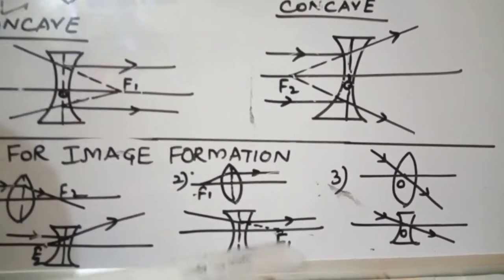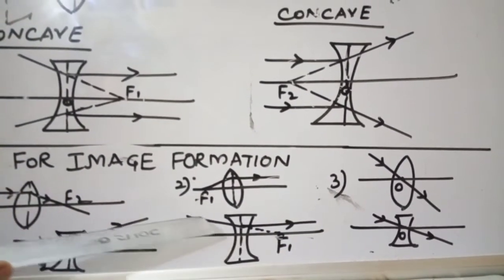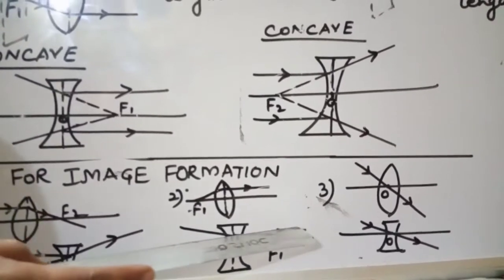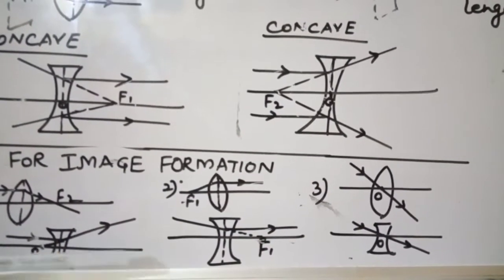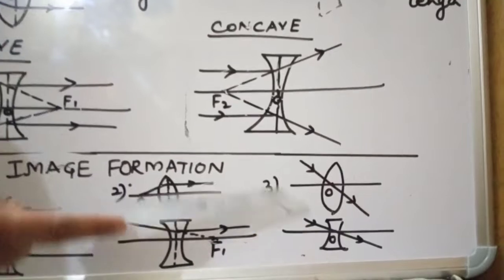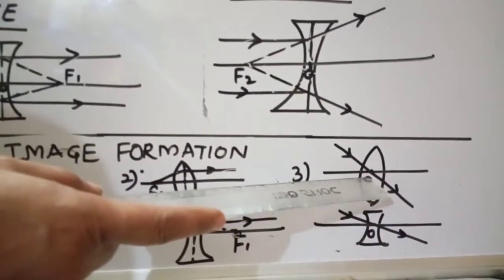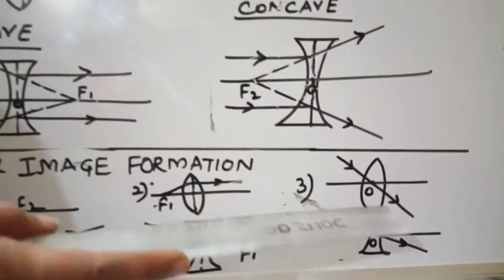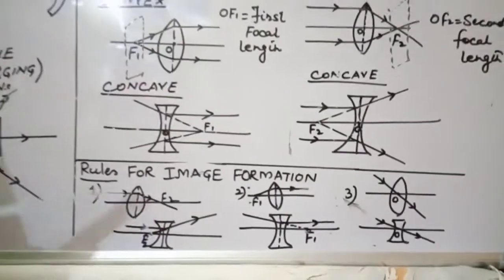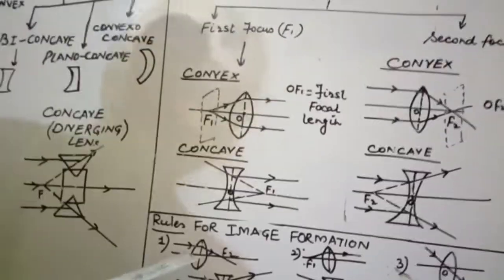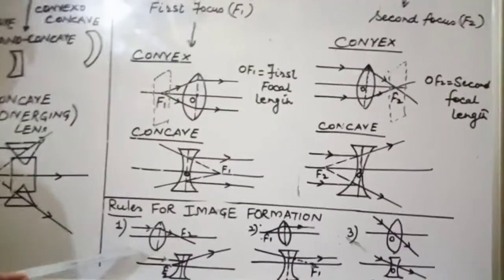Same case in concave, when any ray appears to come from focus, after refraction it is parallel to principal axis. Third rule, when any ray passes through optical center, it is undeviated, may be convex, may be concave. So these are three basic rules which we will use for image formation in case of convex as well as concave lens.